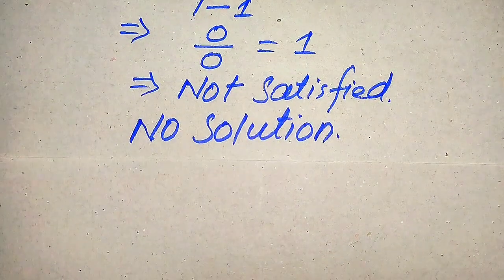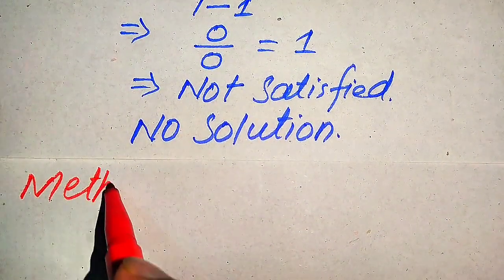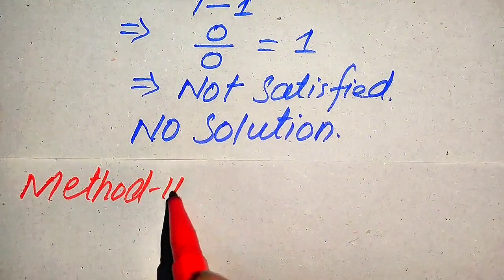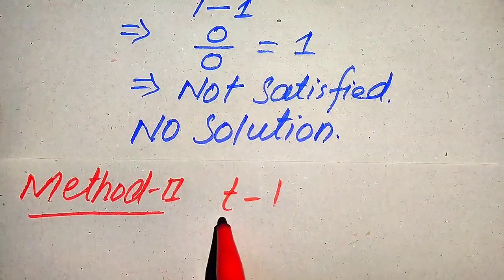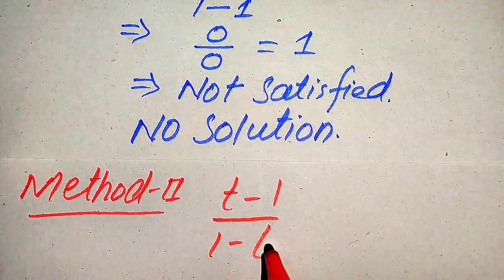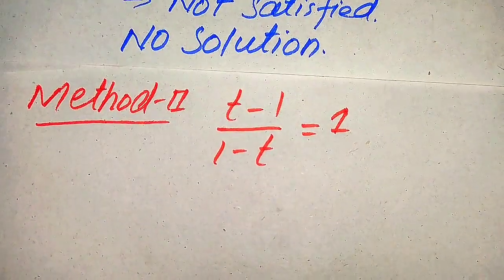In the second method we first need to copy down our given question statement here, so our given question statement is (t minus 1) divided by (1 minus t) is equal to 1. This is our given question statement.